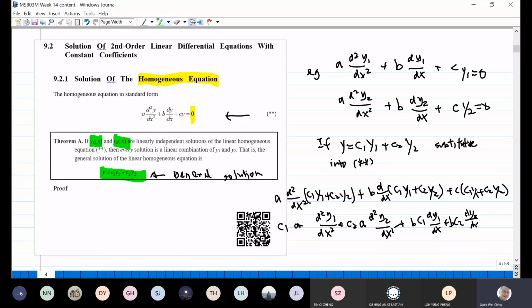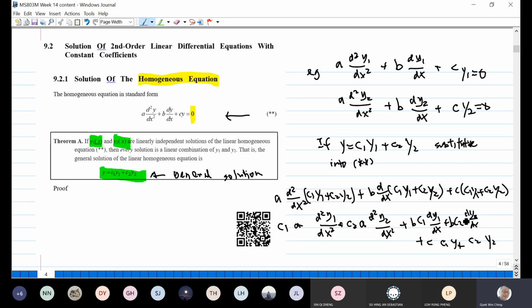Now I put them together. I need another c, so c times c1 y1 plus c2 y2.